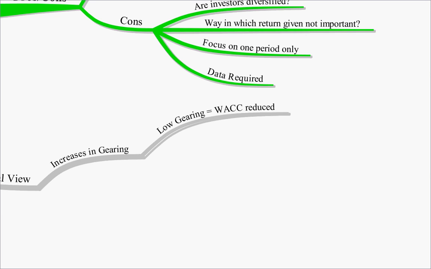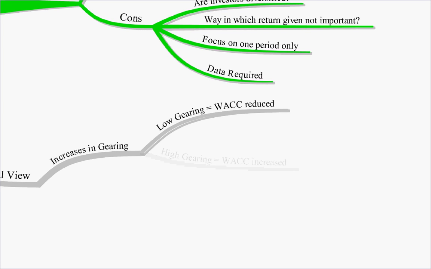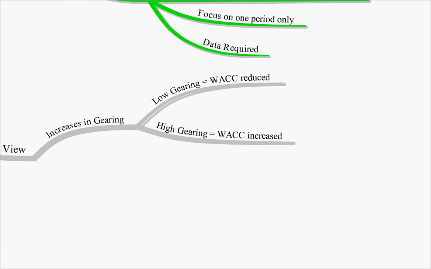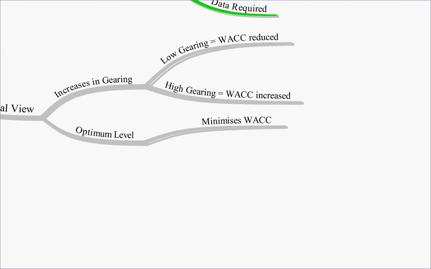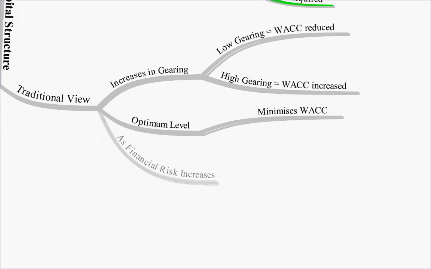So at low levels of gearing, the WACC was reduced. At high levels of gearing, the WACC increased. At the optimum level, you could minimize your weighted average cost of capital. Okay, so somewhere in between low gearing and high gearing, the weighted average cost of capital reached an optimum level.